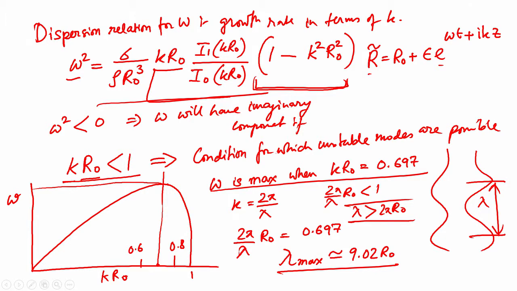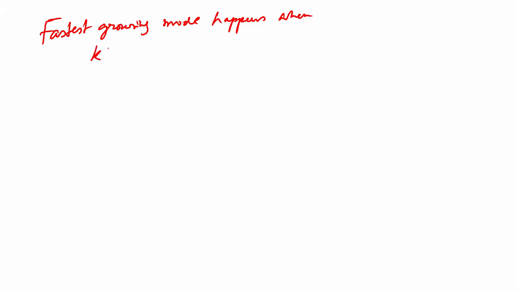So, what we have obtained is that the fastest growing mode happens when Kr0 is equal to 0.697, and that corresponds to a lambda max of 9.02 R0.